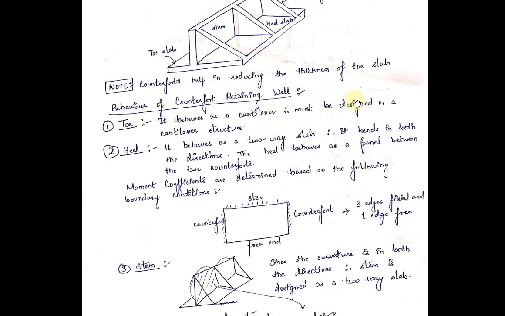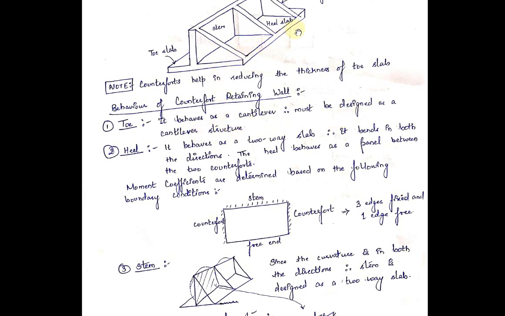Therefore, it must be designed as a cantilever structure. If you see the toe part of the counterfort retaining wall, this toe part is fixed at the stem and it is free at this end. So the toe slab of the counterfort retaining wall behaves as a cantilever structure. So it is designed as a cantilever structure.